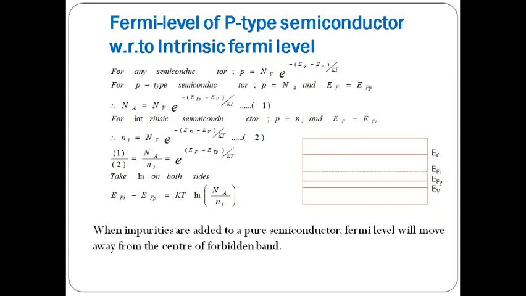So in the energy band diagram, in the middle we represent the dotted line. It is the intrinsic Fermi level. It is always present in the center of the forbidden band, and the Fermi level of the p-type semiconductor is very close to the valence band, which is below the intrinsic Fermi level. Clear?